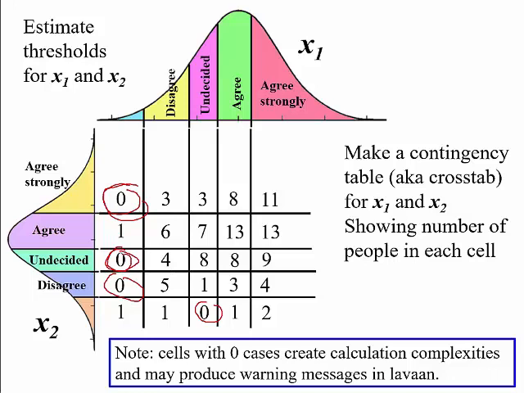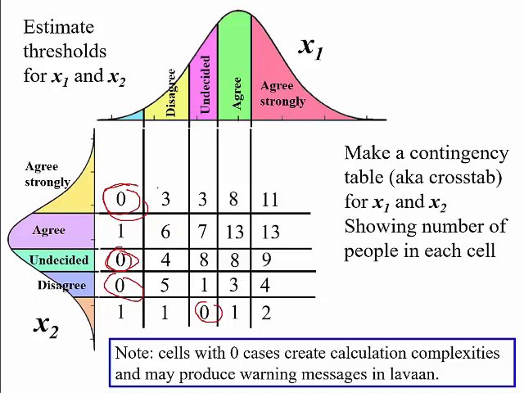And when that happens, you're probably going to get warning messages that you really don't need to worry too much about. It's just telling you that you had cells with zeros, which made our calculations a little more complex. We're just letting you know we had to work harder to calculate these things because you had zeros in these cells. But more often than not, you're going to have zeros in your cells, so you'll usually get those warning messages.